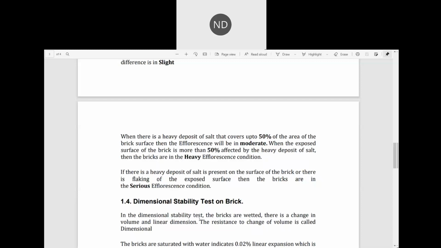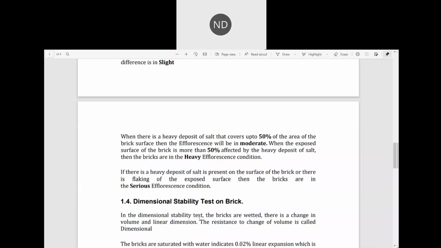Generally in this experiment, efflorescence is not considered good, because due to the use of salt water during construction, or through rains, salts like sulfates, magnesium, sodium, calcium and calcium carbonate present in the wall will get dissolved.